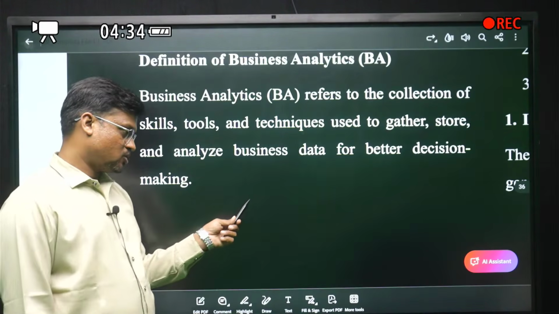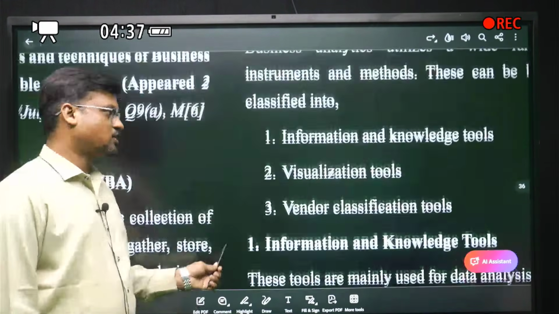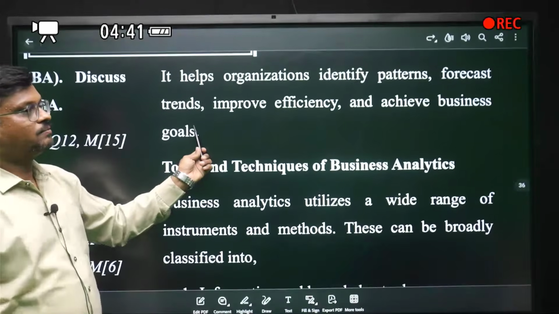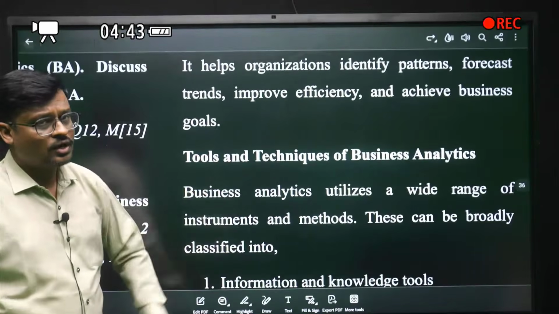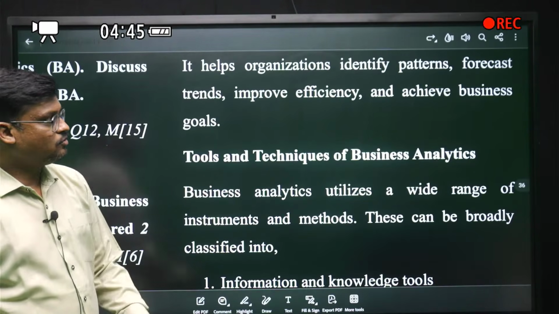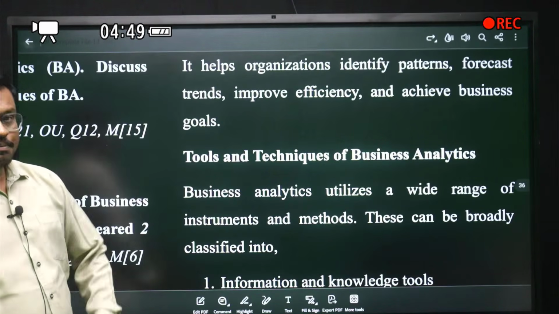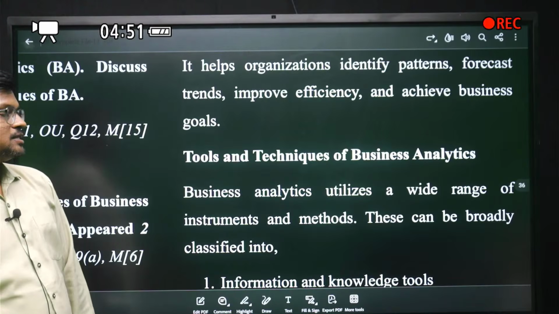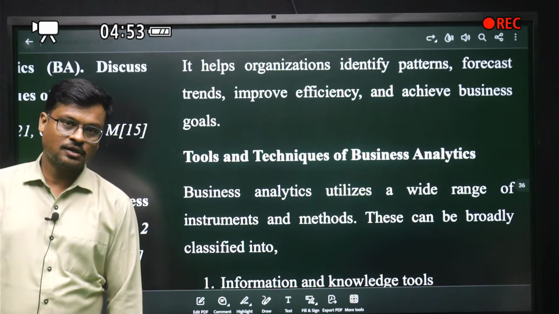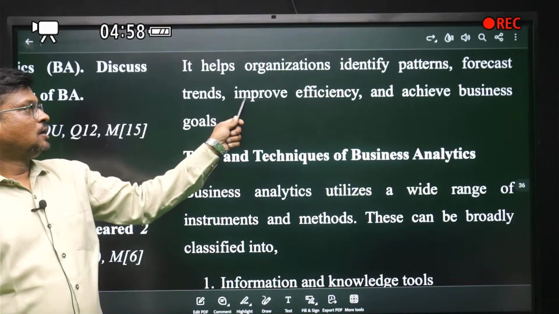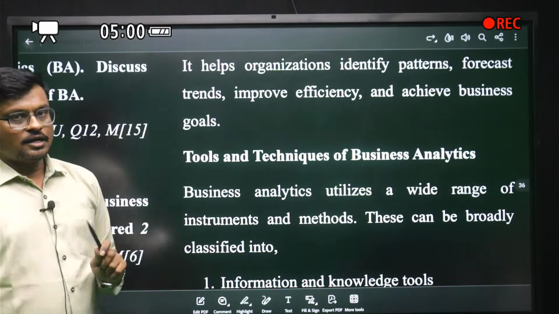Not only the data, not only storing it, but you should also have the skills for accessing it. It is the integration of skills, tools, and methodologies for storing and analyzing the data. So what does BA do? It allows you to predict future patterns, forecast trends, improve efficiency, and achieve your business goals.